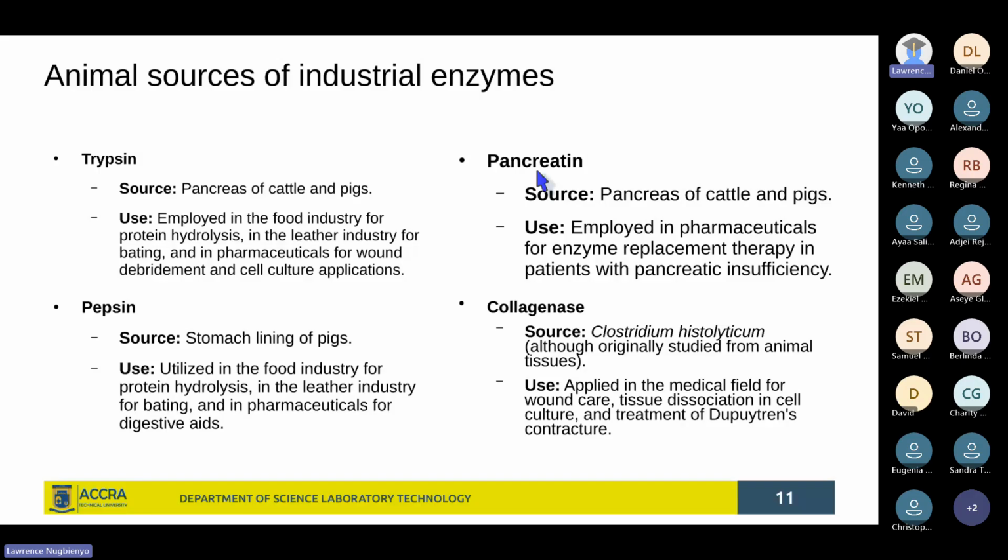If it's a microorganism that produces some of these enzymes, they will produce more of it. And then it's protein, so it's like an extraction.